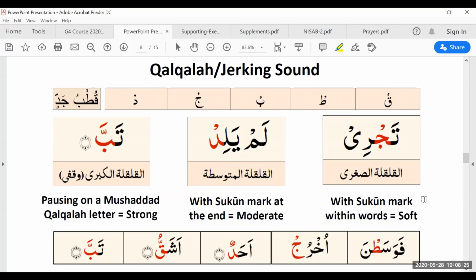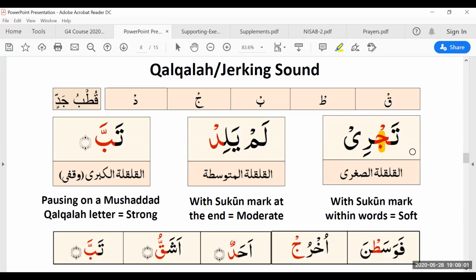And we also covered that there are 3 types of qalqalah. A soft qalqalah, which will be performed if a letter of qalqalah appears with sukoon mark within words. So in this case, we have the letter jim. It appears within this word, and we are going to perform a soft qalqalah on this qalqalah letter. So it would be tajri. So very soft.